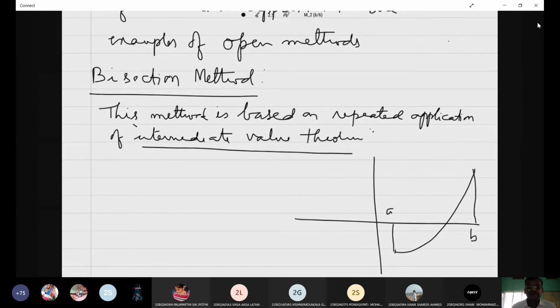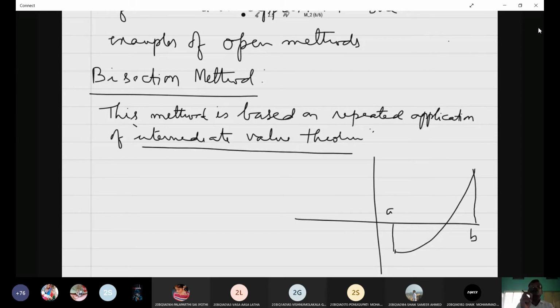The exact root of this equation is here. If f of a and f of b have opposite signs, here f of a is negative and f of b is positive, then there exists at least one root lying between a and b.